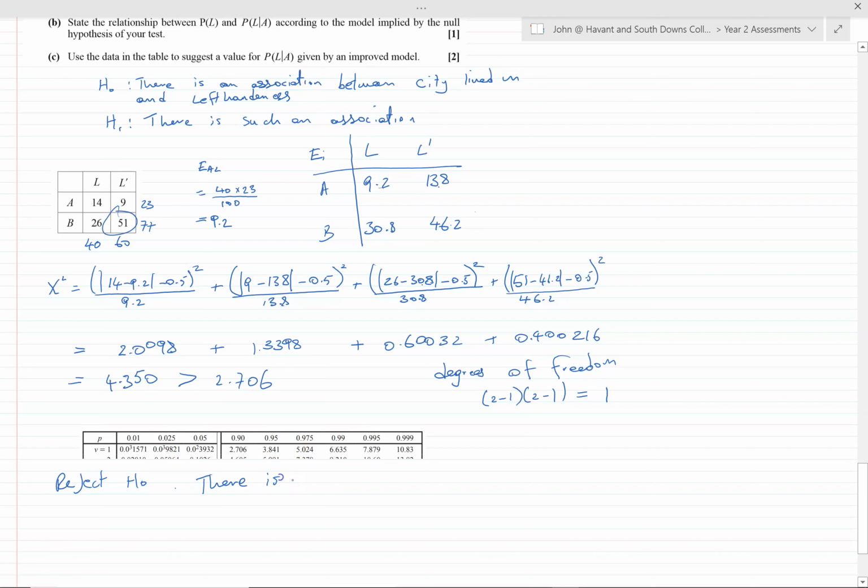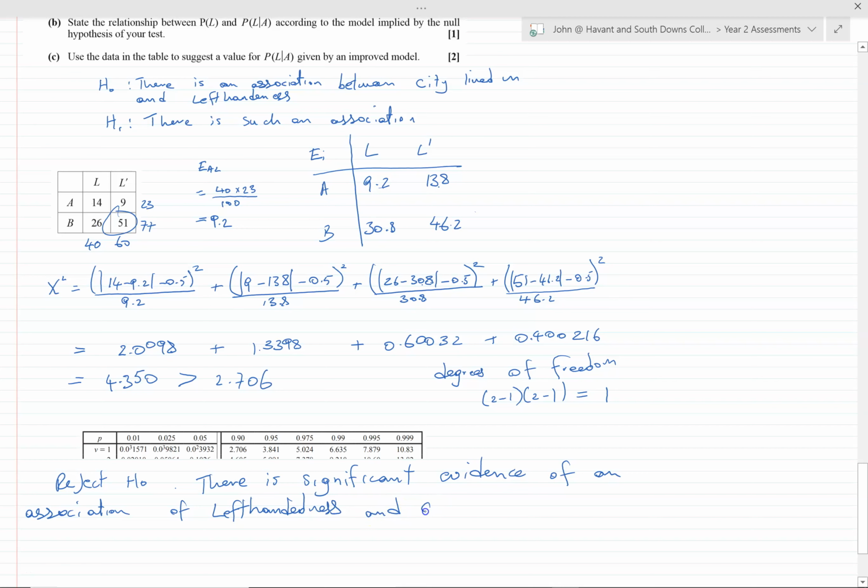So there is significant evidence of an association of left-handedness and city lived in.